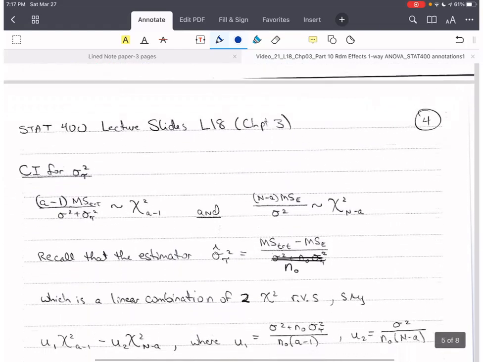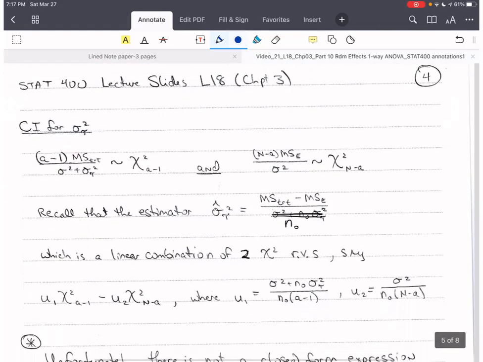Now, when we talk about the confidence interval for sigma tau squared, then we need to remember what we just noted that n minus a times the MSE over sigma squared has a chi-squared with n minus a degrees of freedom.